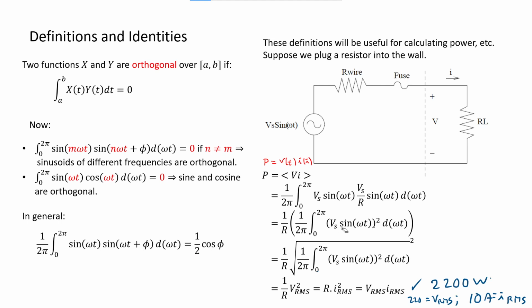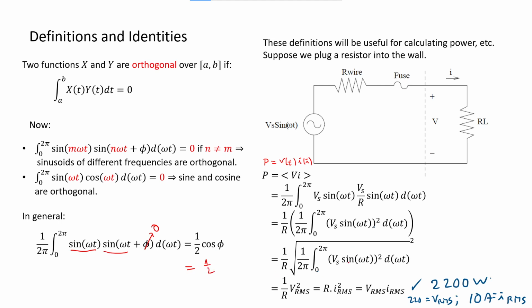When you have a square like this, as I said earlier, you have sine(omega t plus phi). If phi equals 0, you have sine squared, and the integral would be cosine of 0, which is 1, so you get 1/2.